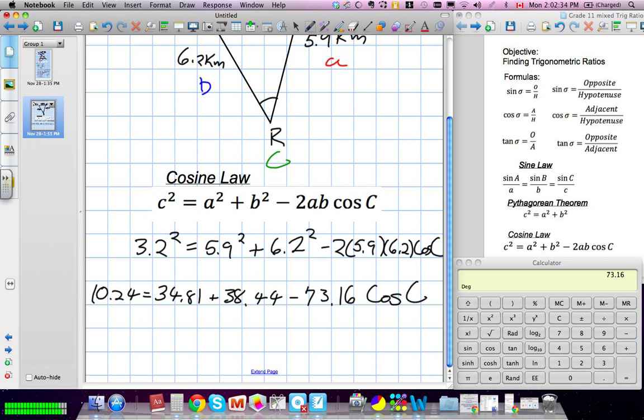We're trying to find an angle right now. So what did we do here?